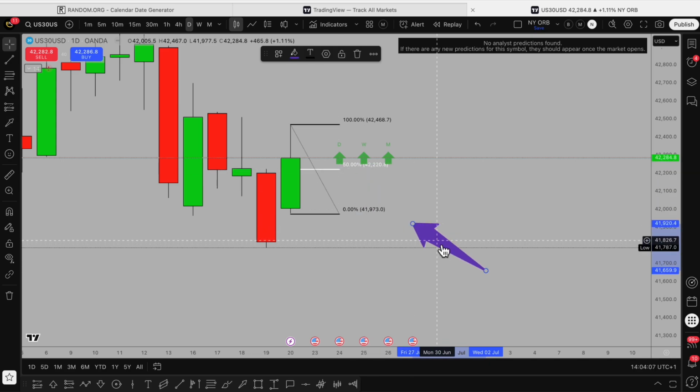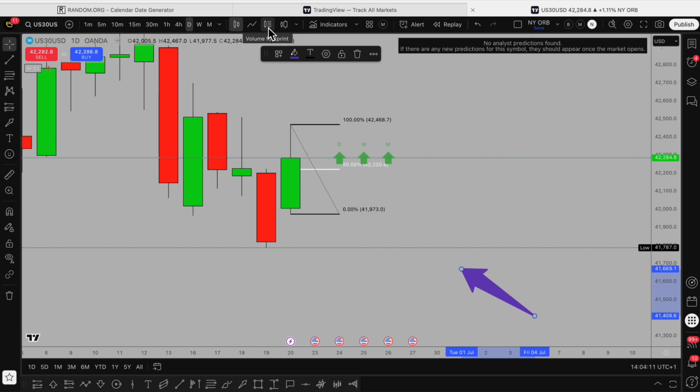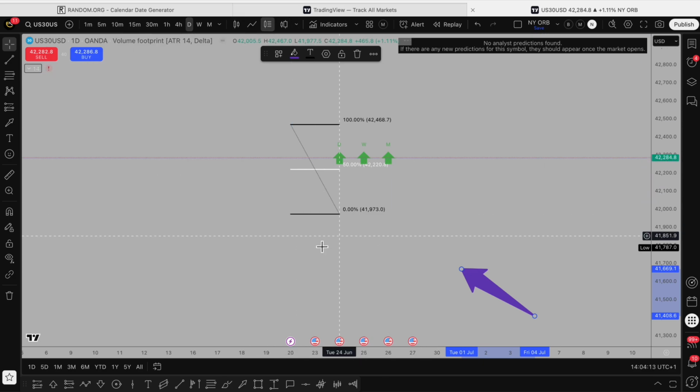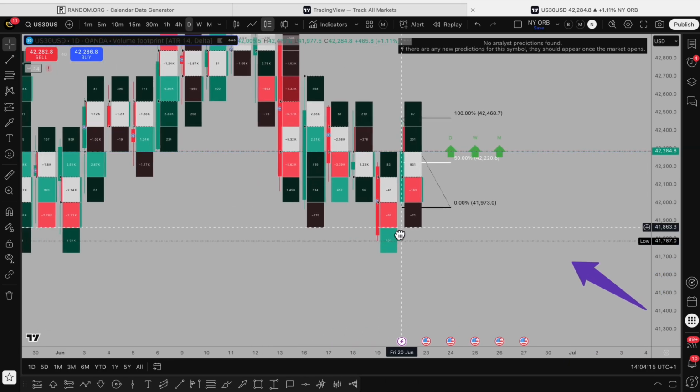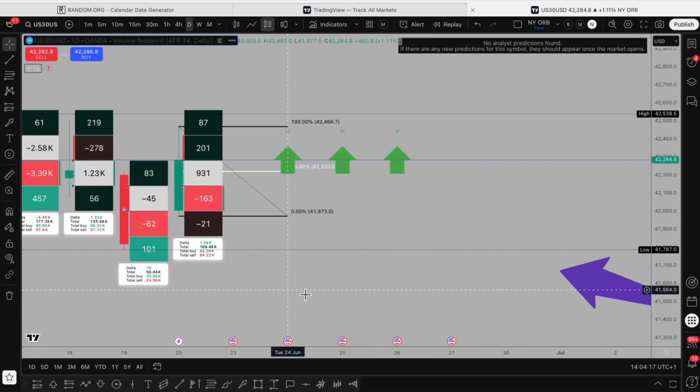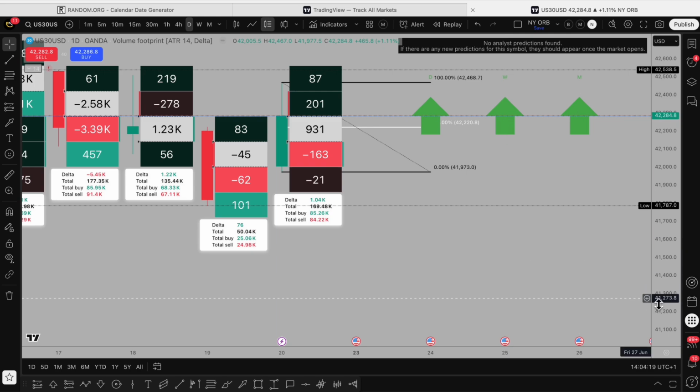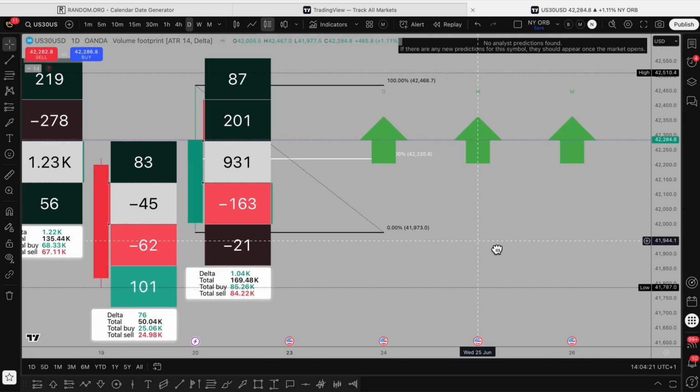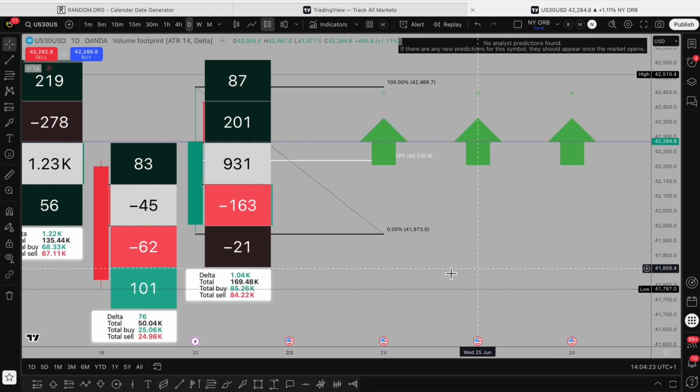Okay, so the next thing I do is come across to my volume footprint. Now I want to know where was the most volume traded the previous day. So what we're going to do here is grab our rectangle tool and draw.